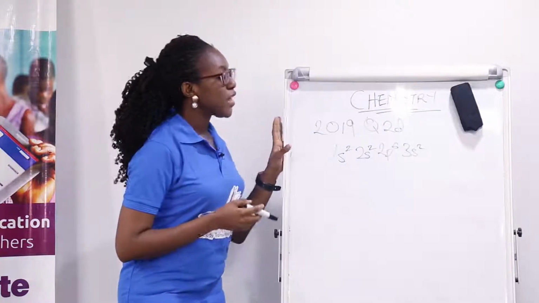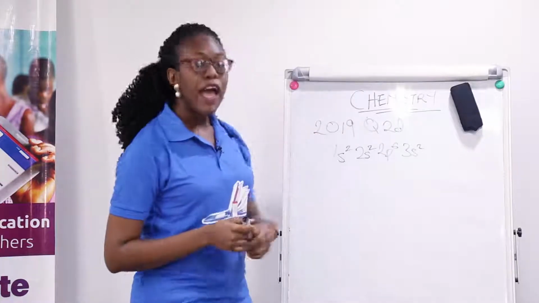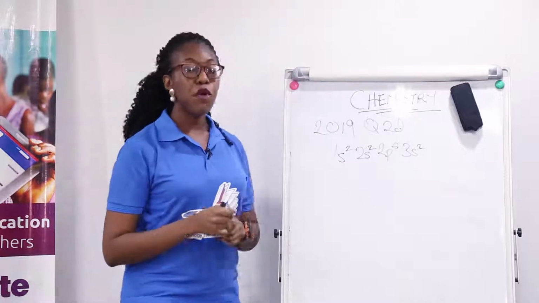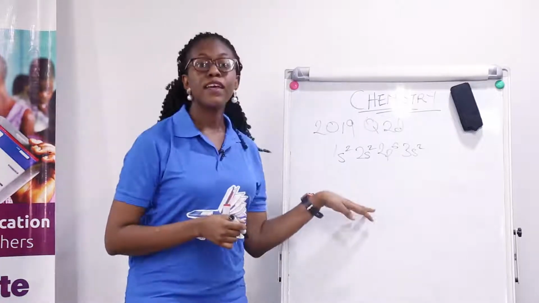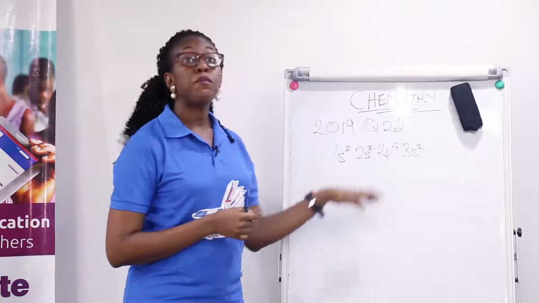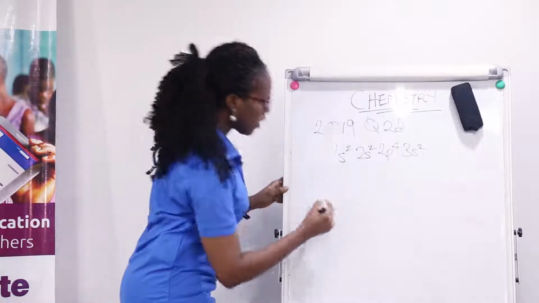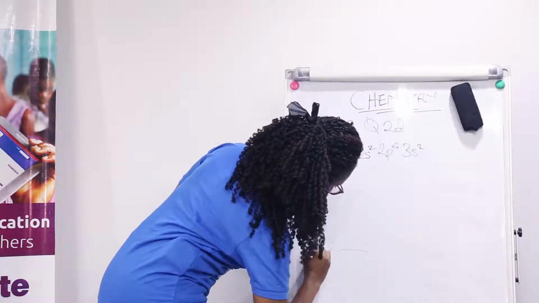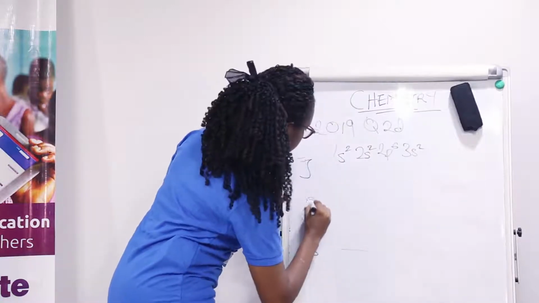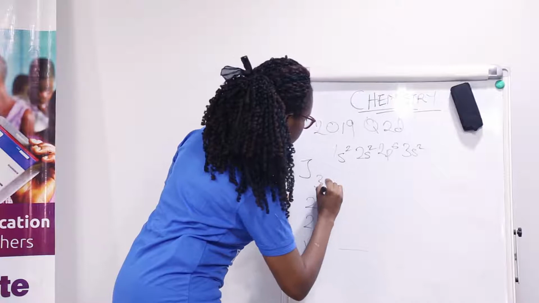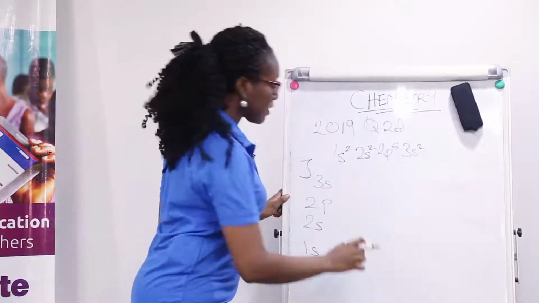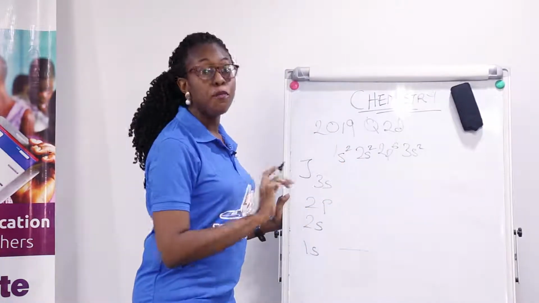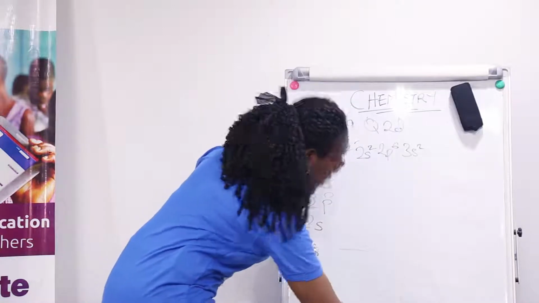Now, how do we determine the number of unpaired electrons? According to Hund's rule, we have to fill each orbital singly before we pair them up. Now, for 1s, for the element J, s has only one orbital, so we fill it singly.